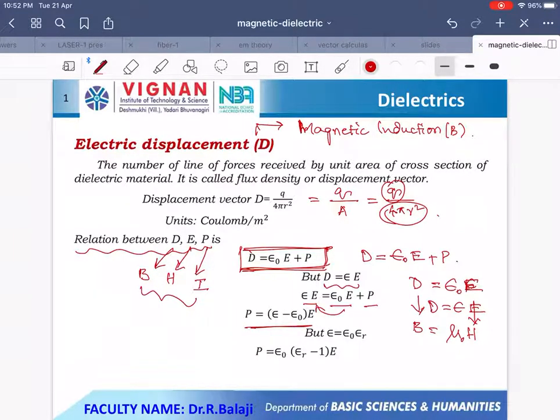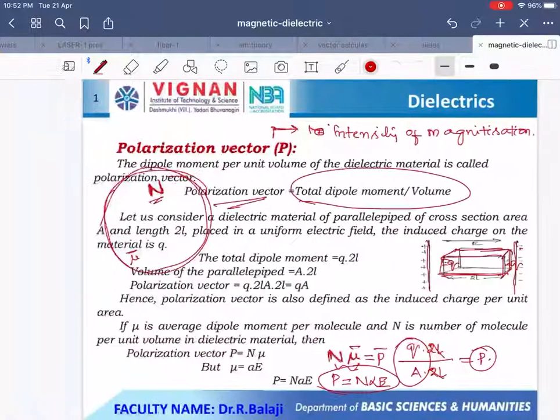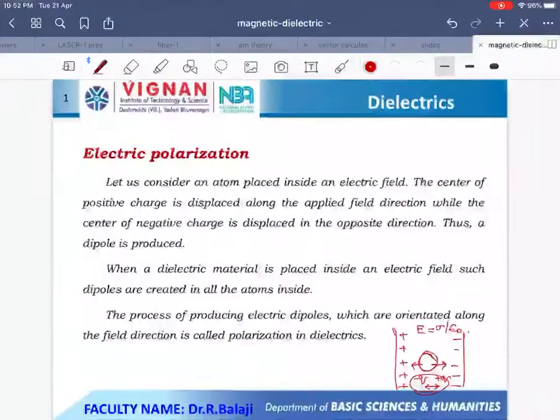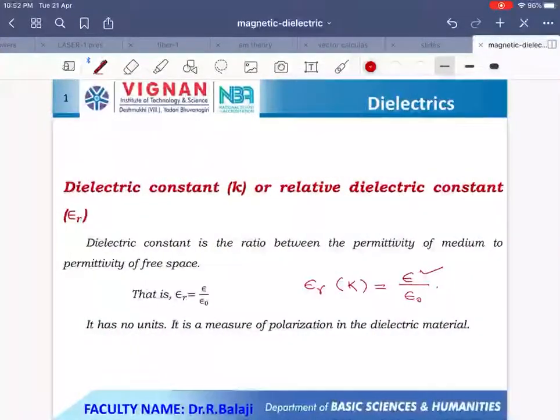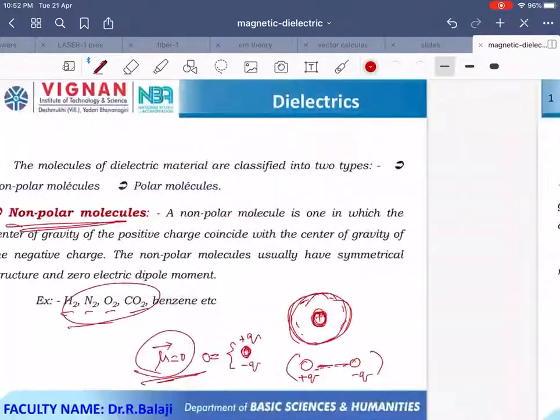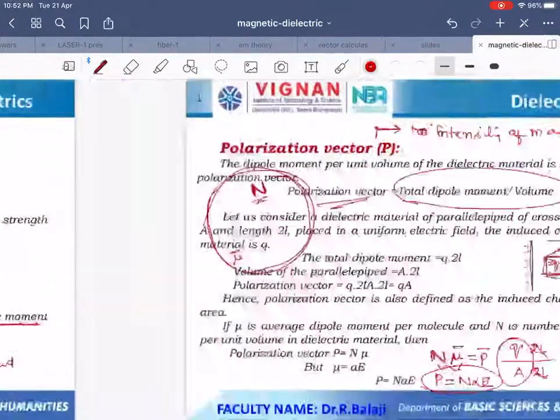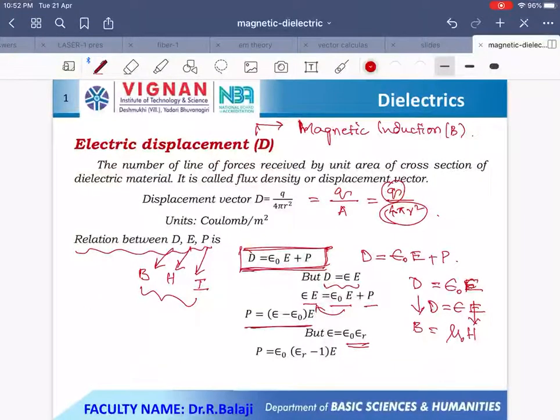P is equal to epsilon minus epsilon naught into E. But epsilon is equal to epsilon naught into epsilon r. So P is equal to epsilon naught into epsilon r minus 1 into E. This is a very important formula to solve the problems.